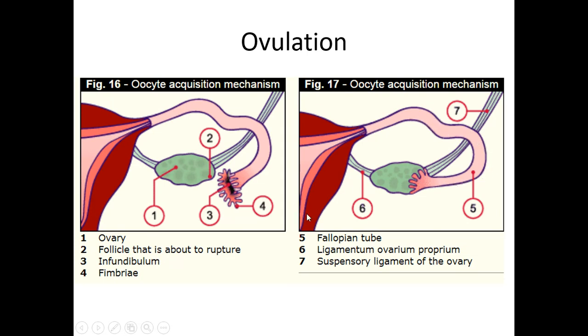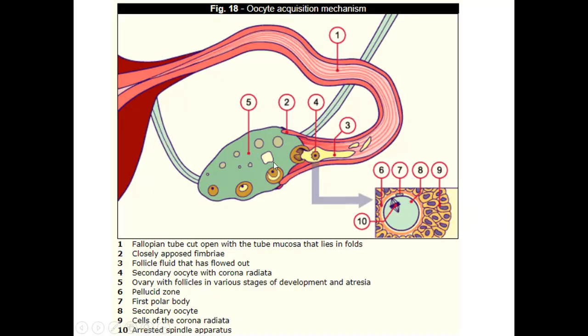And the liquid collected in the antrum of the follicle is used for flushing this ovum deeper into the fallopian tube. That's what is going on.